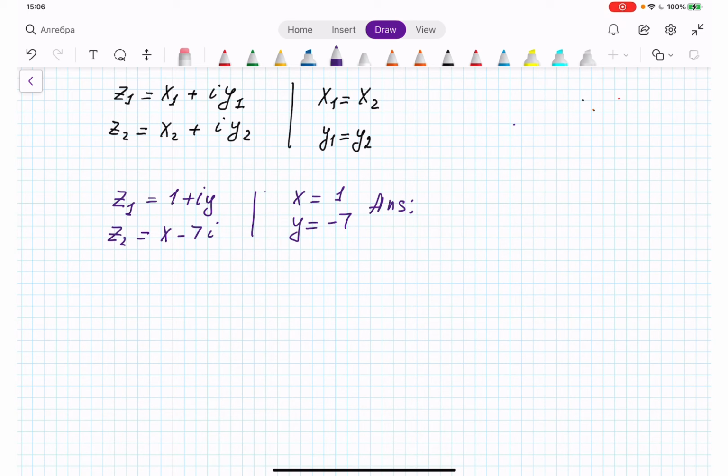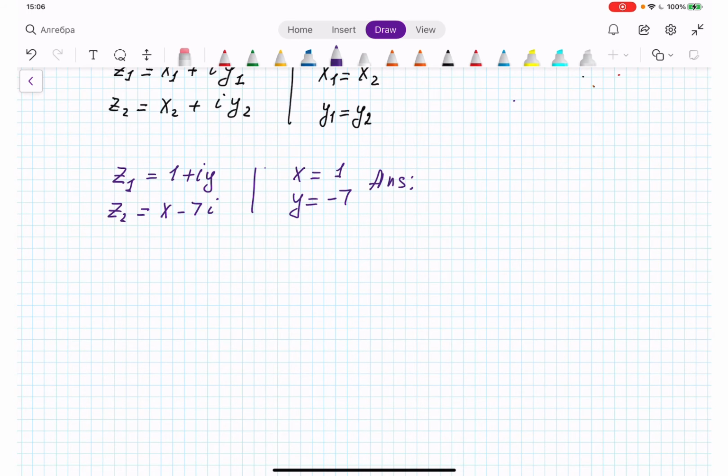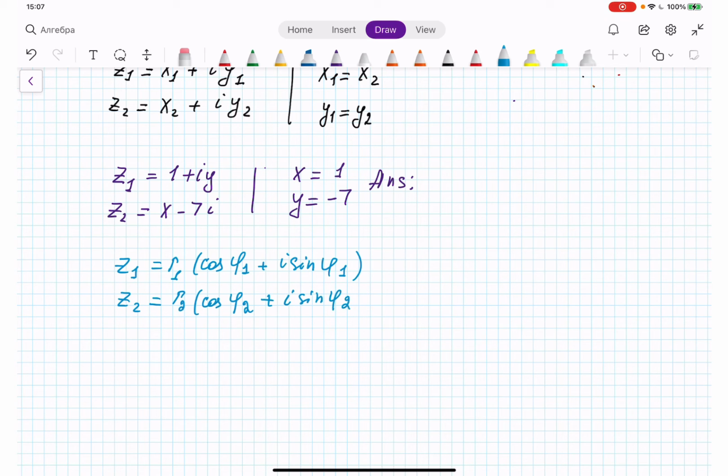Okay? Two complex numbers in trigonometric form. z1 is equal to r1 cosine phi1 plus i sine phi1, and complex number z2 is equal to r2 cosine phi2 plus i sine phi2.